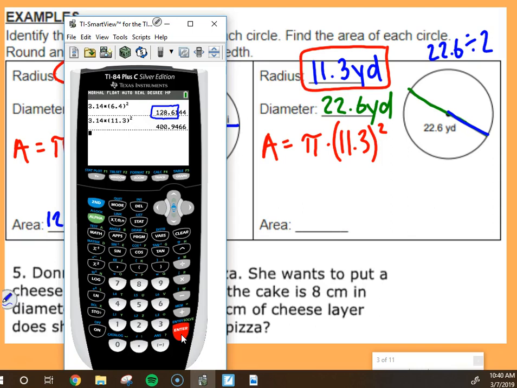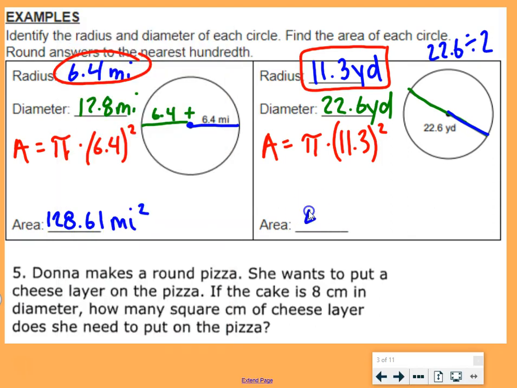Just taking those two numbers after the decimal point, we would do 400.94. Do not forget about your units, yards squared. They are essential because it is a measurement. We are measuring, finding the amount of space that circle takes up.